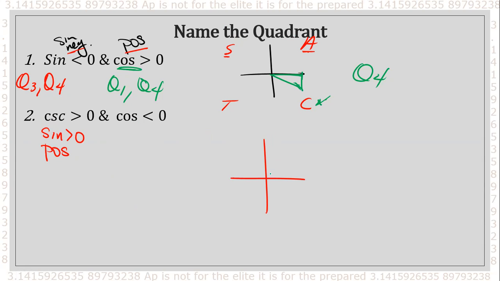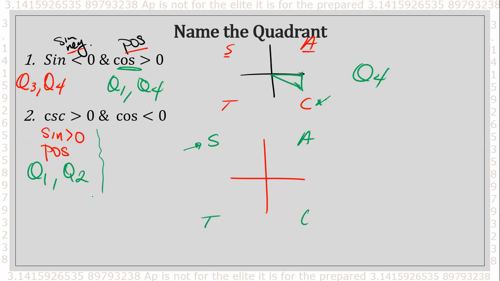Okay. So we have sine is positive. We know that in quadrant 1, all is positive. In quadrant 2, sine is positive. In quadrant 3, tangent is positive. And in quadrant 4, cosine is positive. So sine is positive in quadrant 1, and it's S, so quadrant 2.